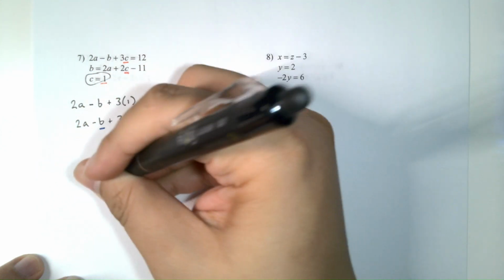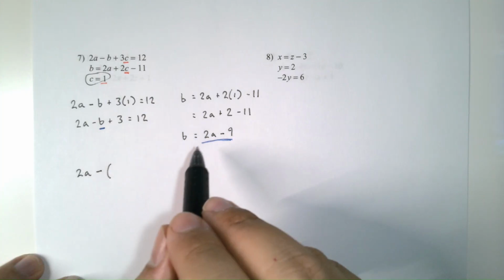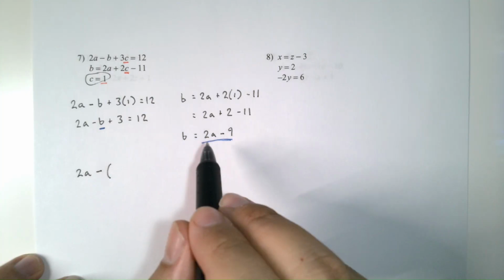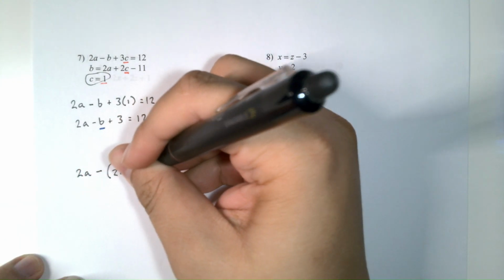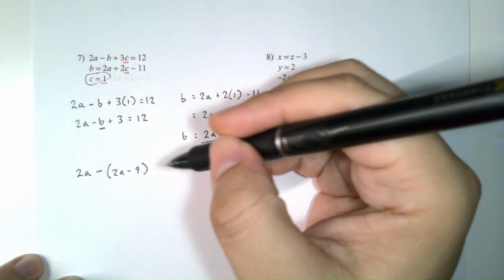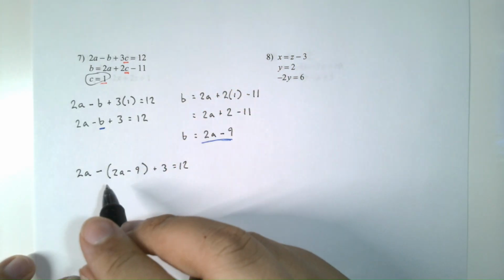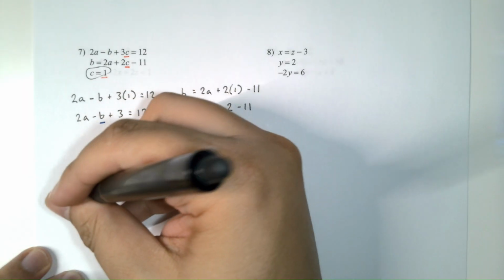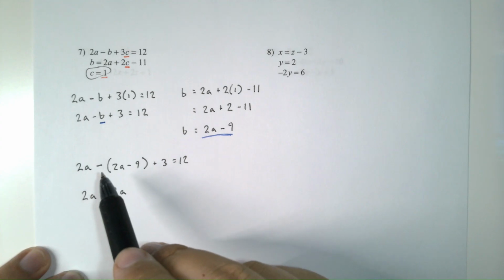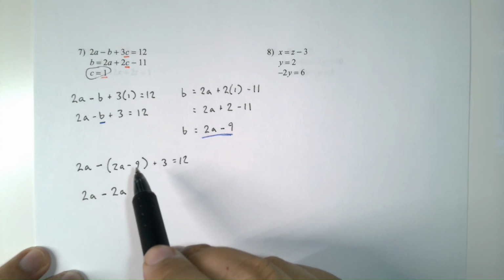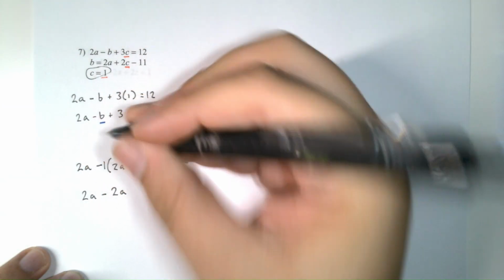We have 2a minus b, and anytime I'm substituting a variable, especially if there's a minus in front of that variable, I prefer to put it in parentheses to make sure that we keep the signs correct. Because watch this. If I didn't put the parentheses here, I would have 2a minus 2a, but we would probably forget to flip the sign on the minus 9. You can think of this as a minus 1 right here.